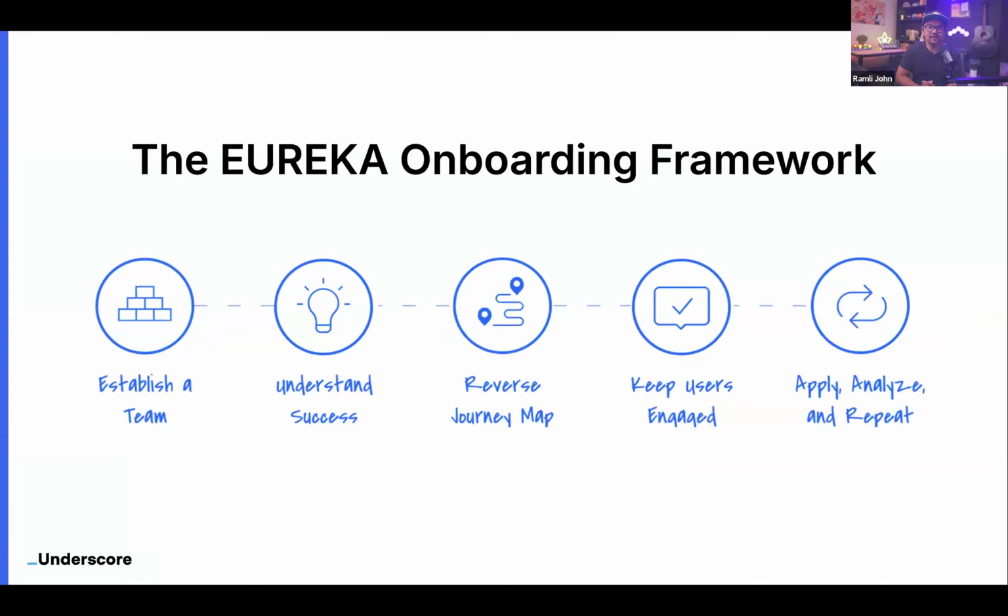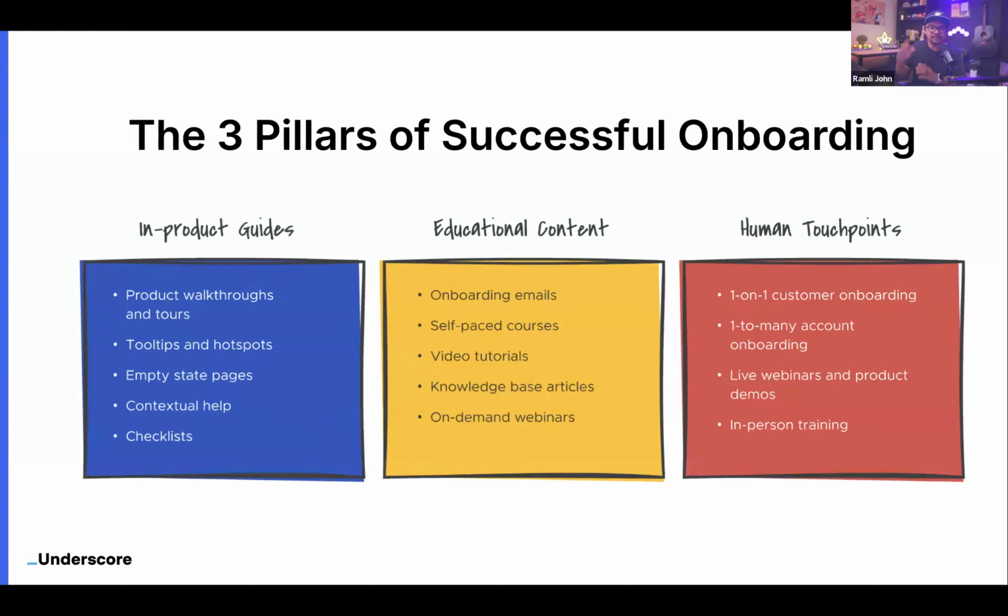And there's actually 5 things there that when I'm helping a team think about their onboarding, and not just in product, but holistically across education, as well as their human touch points, is really these 5 steps. The first one is to think about onboarding as a cross-functional challenge that sales and marketing and product and education and customer success really have to come into, because if you look at these 3 pillars, it's across the board, right?